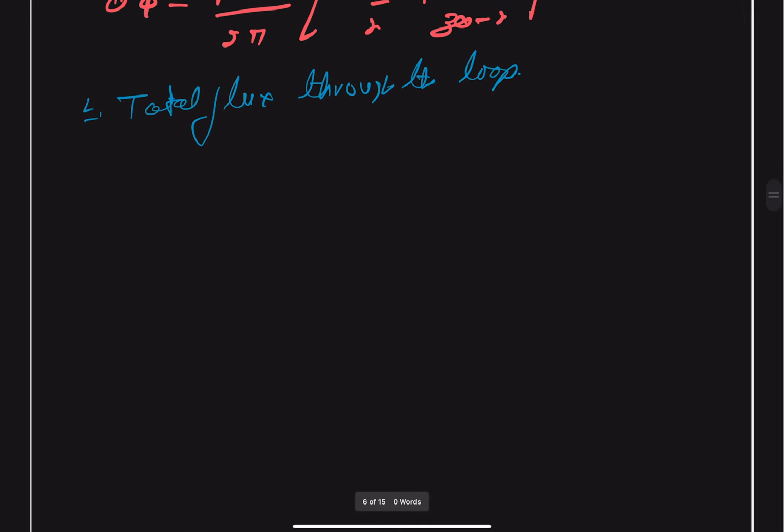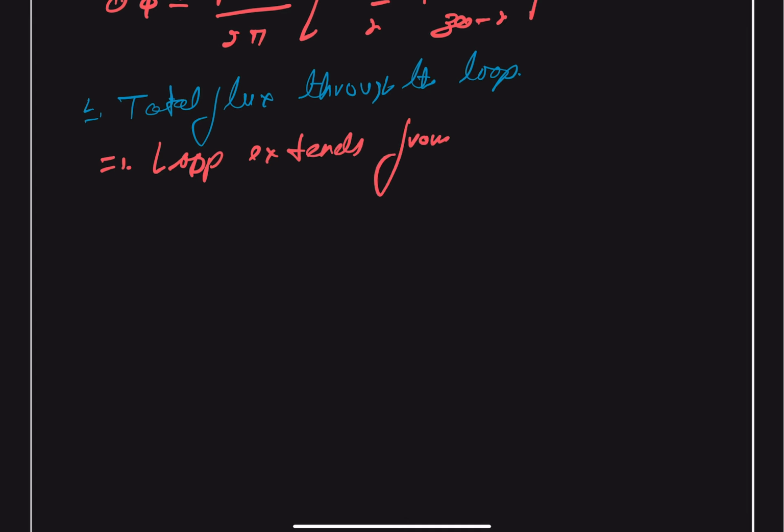Total flux of the loop. So we know the loop extends from x equal to a to x equal to 2a.